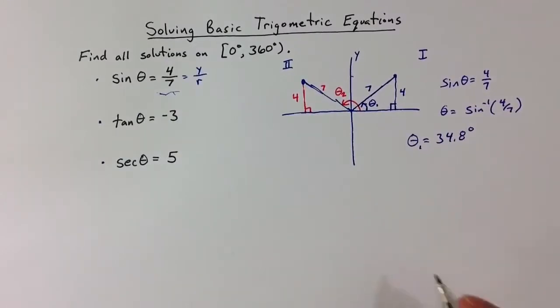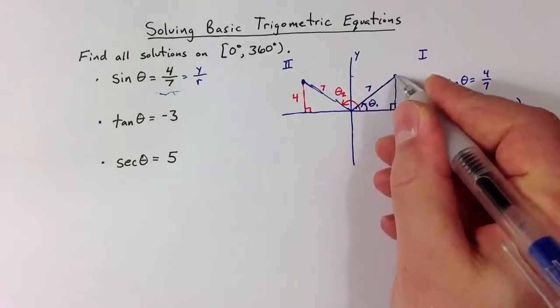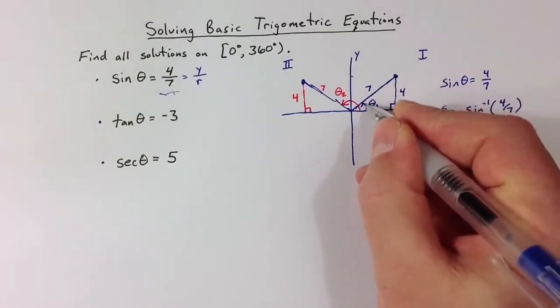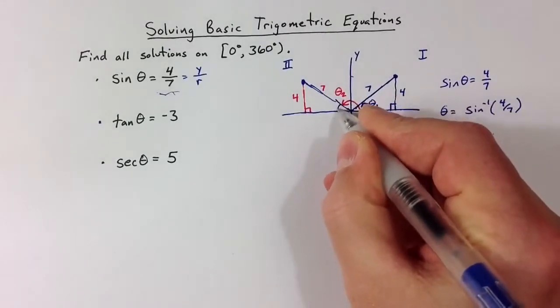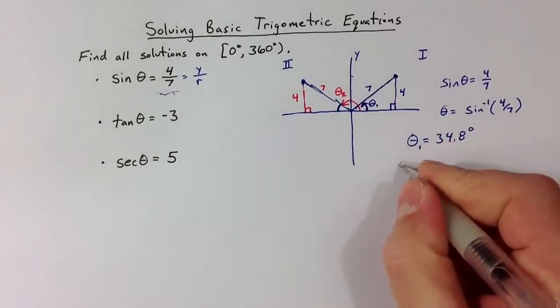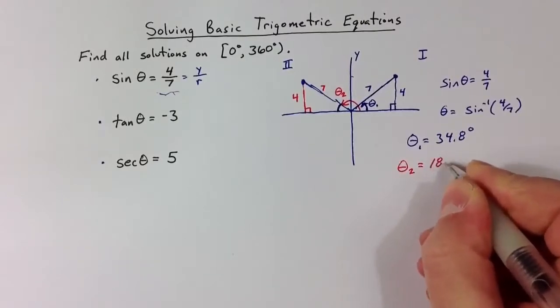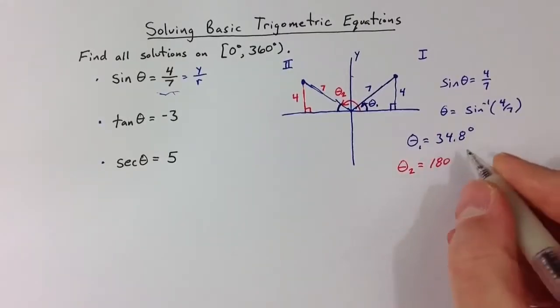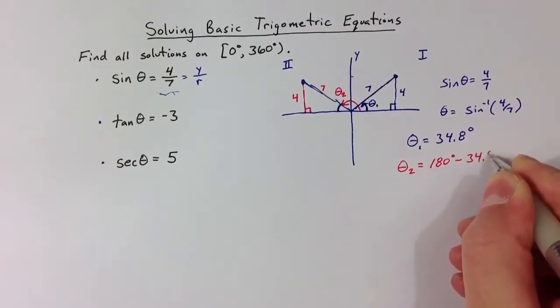Thinking about the other solution, well, they're related. If you think about the symmetry in this picture, if theta is 34.8 degrees, then the reference angle over here has to be 34.8 degrees. And so using that symmetry, the value for theta 2 has to be 180 degrees minus 34.8.